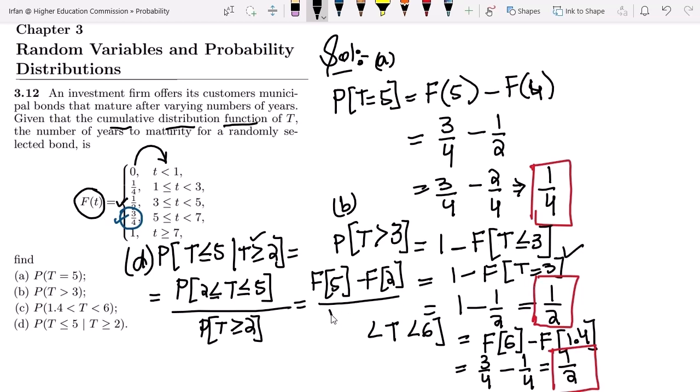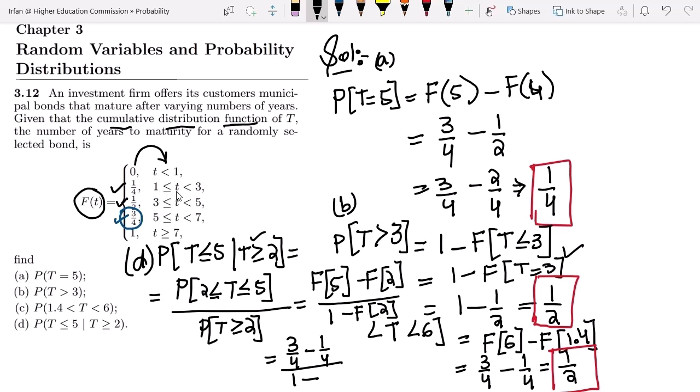So it will be 1 minus f of 2. So let me put all these values here. f of 5 lies in this range, so it will be 3 by 4, minus f of 2, which is here in this range, similarly dividing it over 1 minus f of 2.